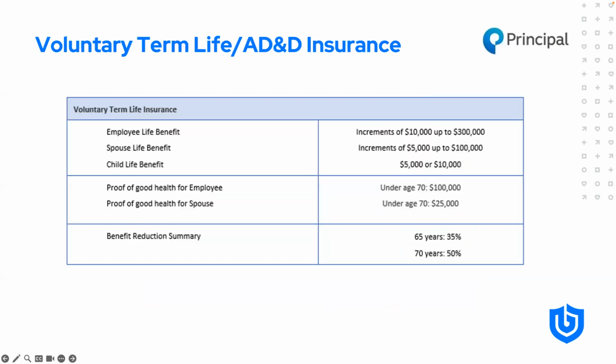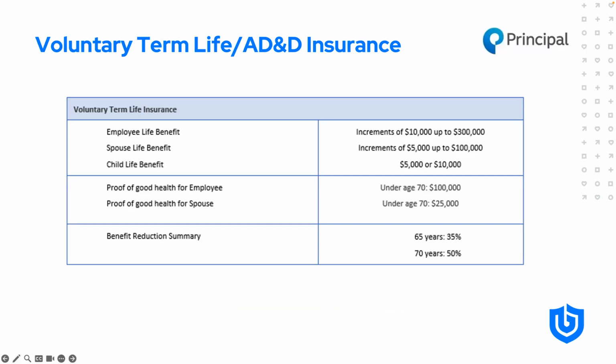Now, here are the last 3 benefits that are being offered, and these are only being offered to full-time employees working 30 or more hours a week. So this year, the Source is offering voluntary term life insurance as well as accidental death and dismemberment, and it's being made available for purchase.